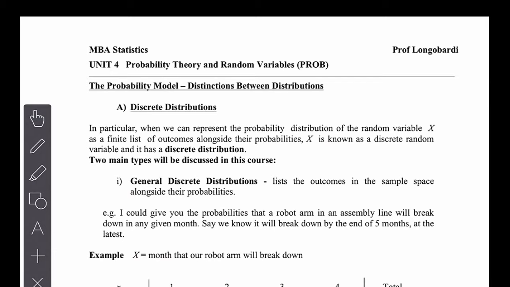Within 2 months, there's a 25% chance that the robot arm will break down, and so on, in 3 months and 4 months. Within 4 months, so that's either the first, second, third, or fourth month, those sum to 100% because the robot arm should have broken down by the end of 4 months.